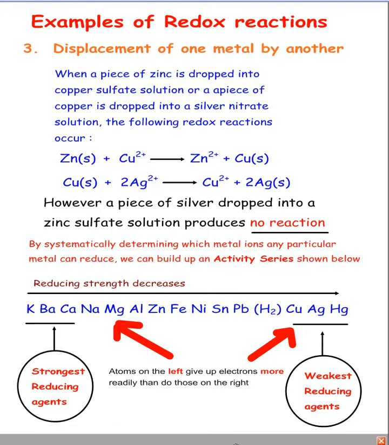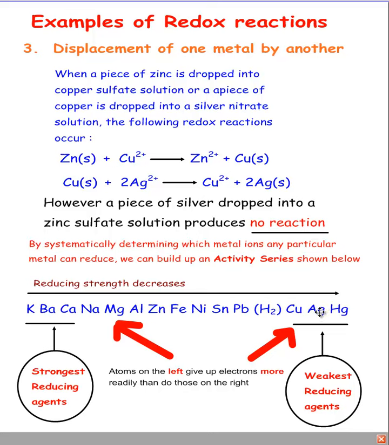Now we've got an activity series. If you were to put silver into zinc sulfate, for example, it won't displace the zinc because the silver is not very reactive. It won't give up 2 electrons to become the silver ions. And if you look at it, it's right down here.